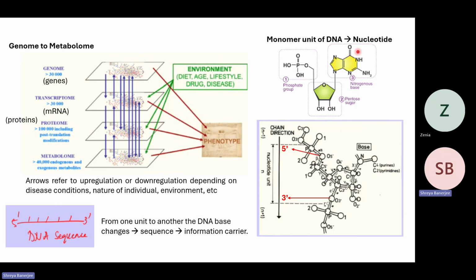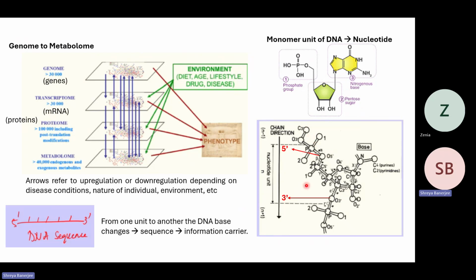And so now we look at the basic unit of DNA, or the monomeric unit, which is called the nucleotide. It consists of a 5-membered or pentose sugar, a phosphate group, and a nitrogenous base. We will look into each of these components separately.